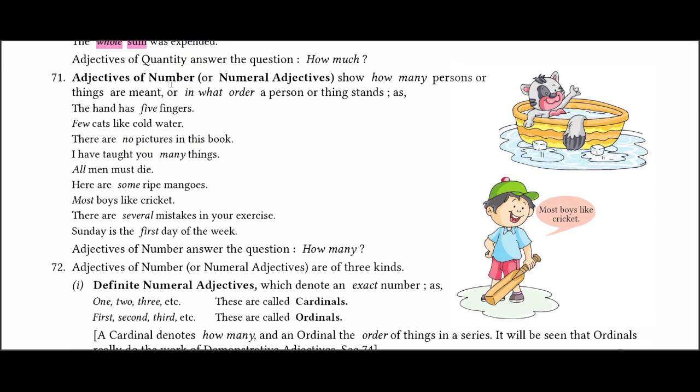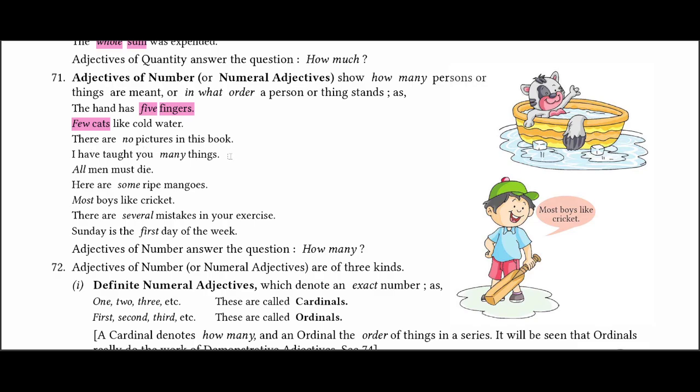Adjectives of number, also called numeral adjectives, obviously tell the number of the nouns. For example, the hand has 5 fingers. Fingers is a noun and it is a countable noun. So this adjective 5 is telling the number of this countable noun. Few cats like cold water. Cats is a countable noun and few is telling the number of this countable noun.